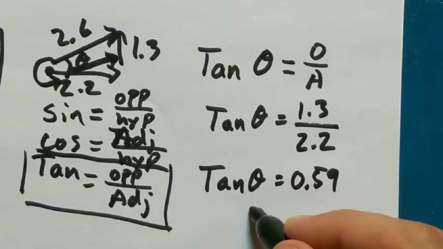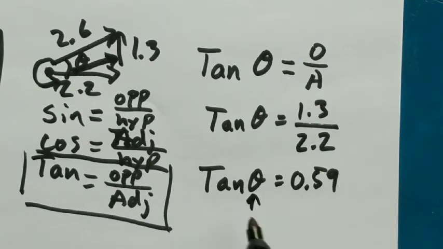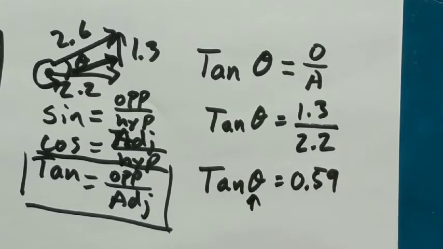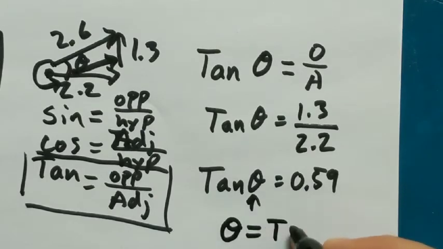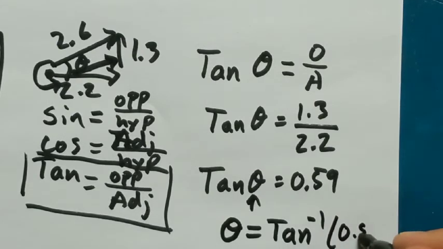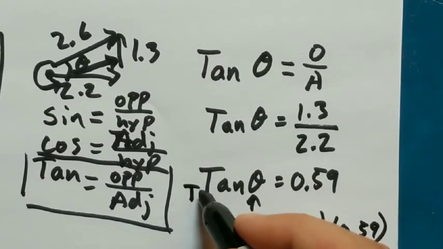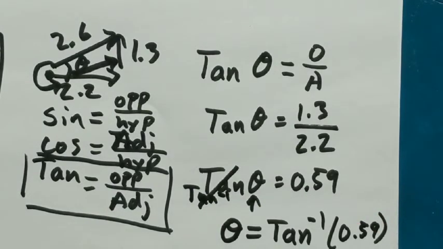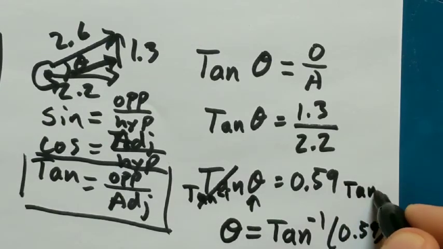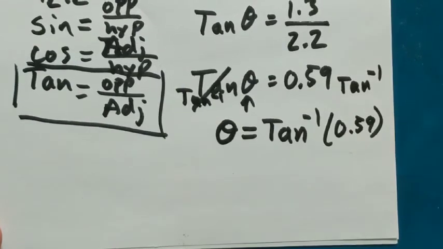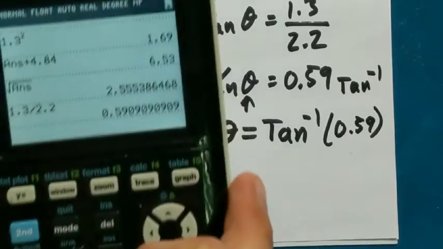My goal is to get theta by itself, not the tangent of theta. So I have to move tangent to the other side. I can do that by taking the inverse tangent of 0.59. The inverse tangent cancels the tangent on this side, and I do inverse tangent on the other side. Tangent inverse is a nice button on your calculator.